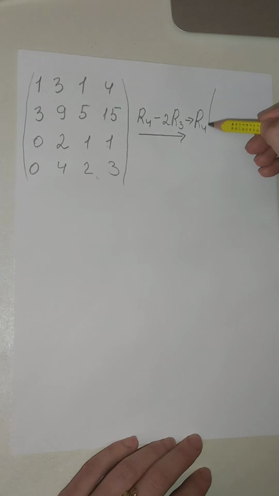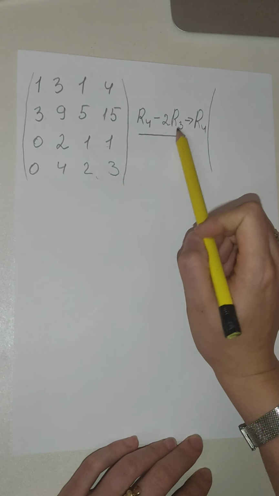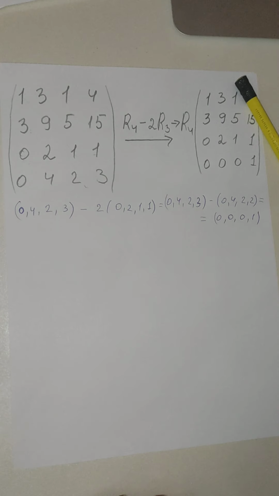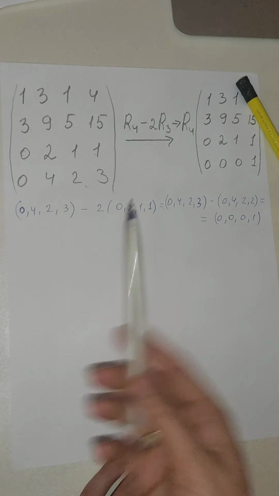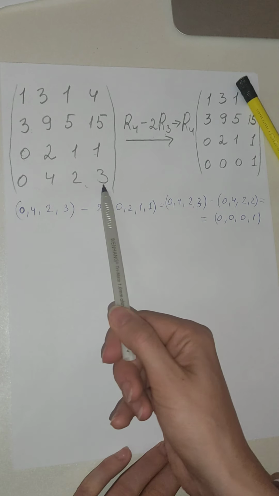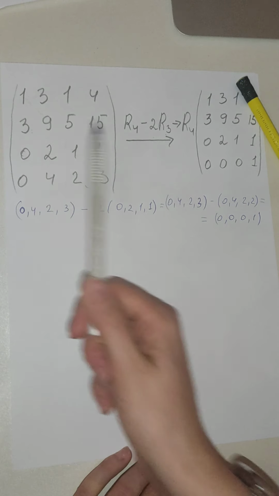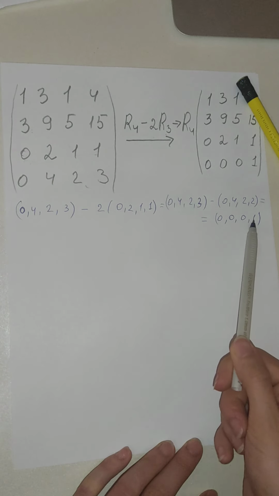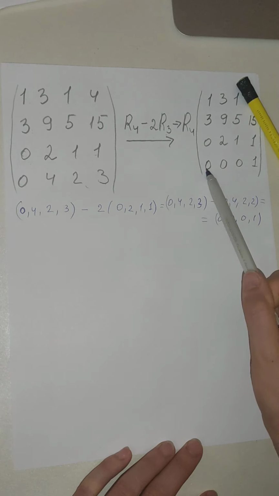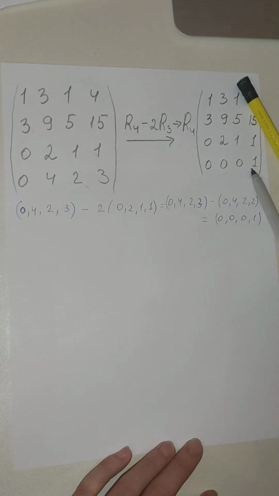Rows 1 and 2 remain the same. We get 0, 0, 0, 1. Our new row 4 now is 0, 0, 0, 1.